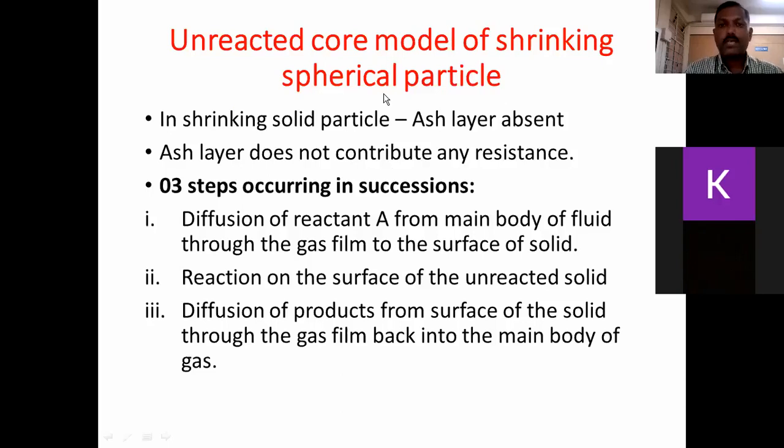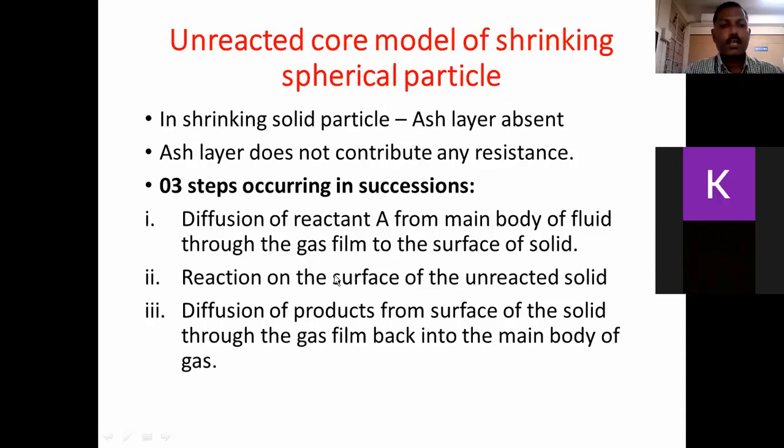So there are a total of 3 steps. For unchanging size, there are a total of 5 steps. For changing size, that is for the shrinking particle, there are 3 steps. So the ash layer does not contribute any resistance in this shrinking particle model.